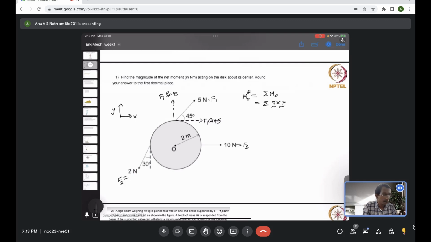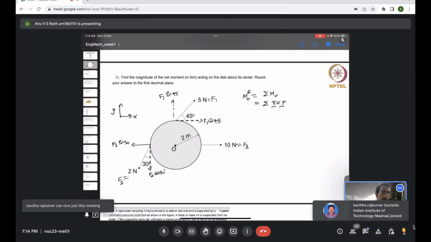Similarly, F2 will have F2 cos 30 in the vertical direction downward, and F2 sin 30 in the horizontal direction, basically in the negative x direction. So for these component forces, we now need to evaluate the moment of these component forces about the origin.